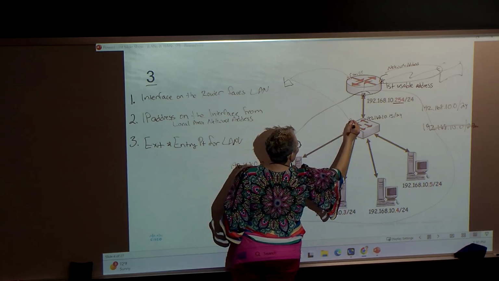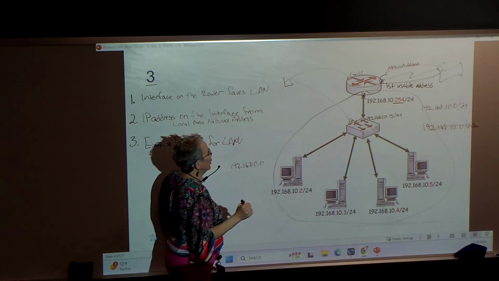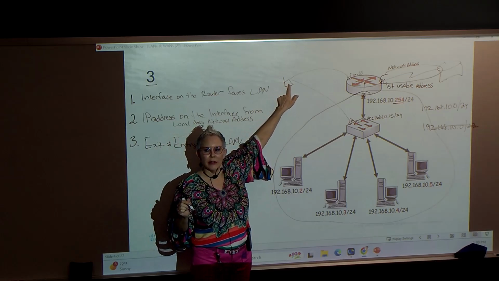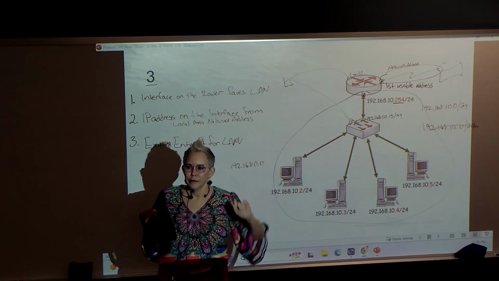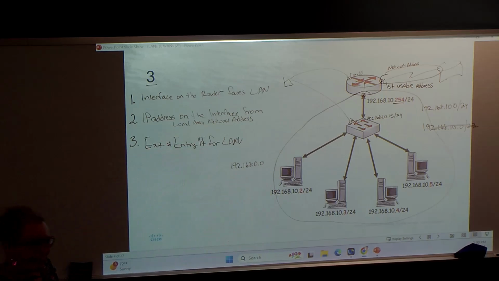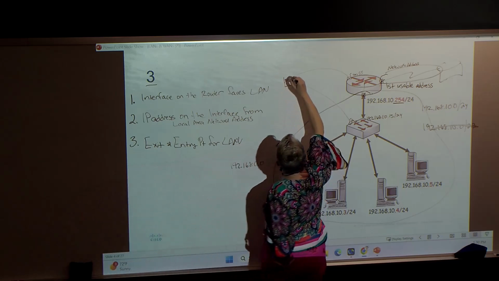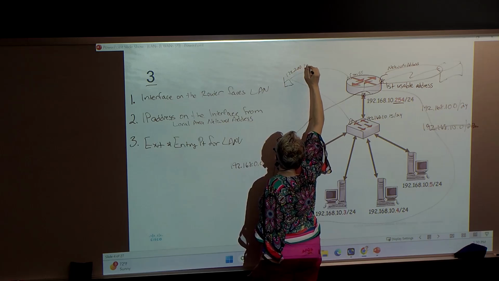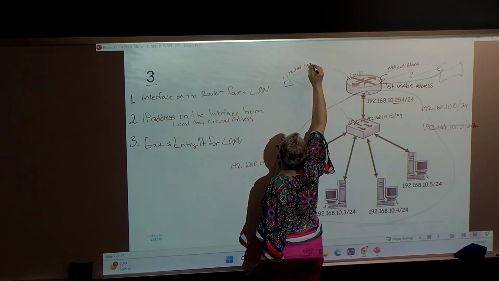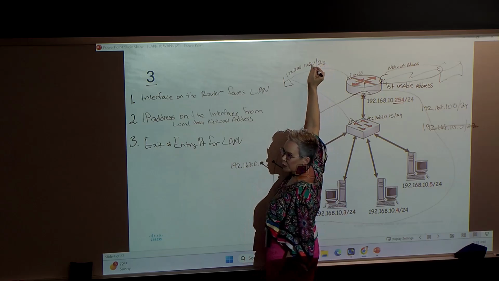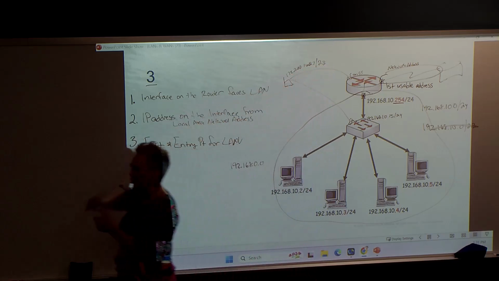Through the console port, con 0. What address did this PC have? Well, what did it start with? 172. Totally different. 172, whatever it was, 16.27, and I think we have a 23. Don't we have a 23?